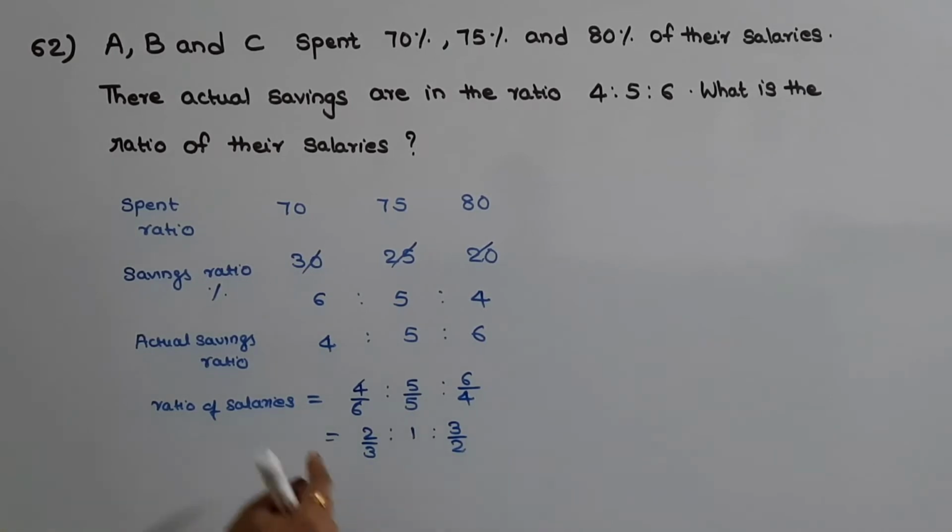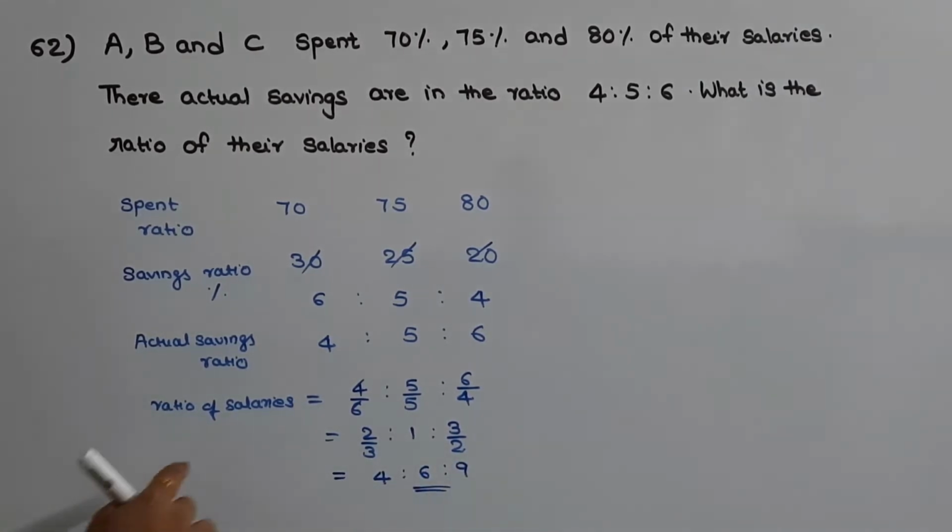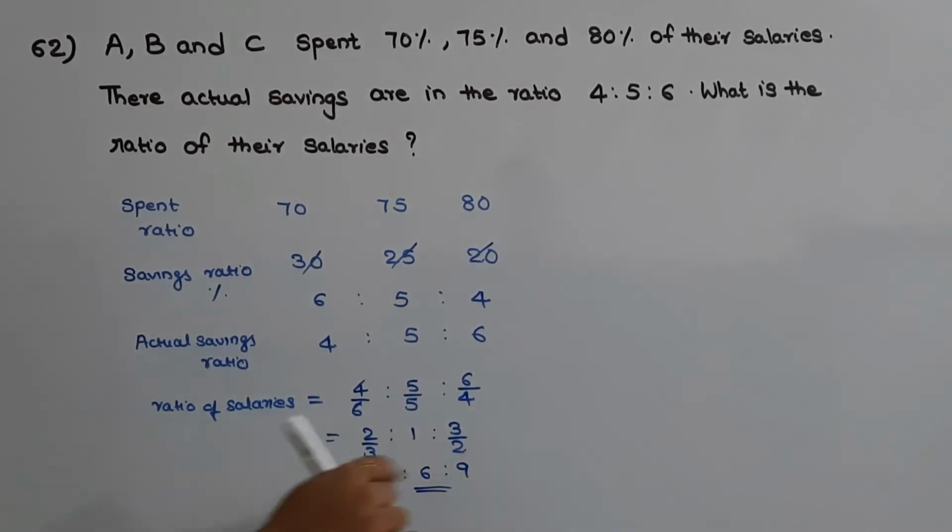Now in order to avoid the fraction, we need to multiply all the values by the LCM of 3 and 2. LCM of 3 and 2 is 6. So we will get 4:6:9. So the ratio of their salaries will be 4:6:9.